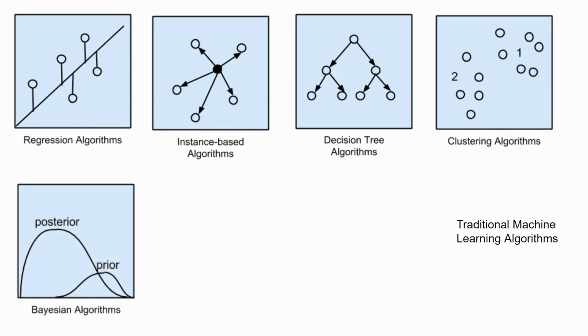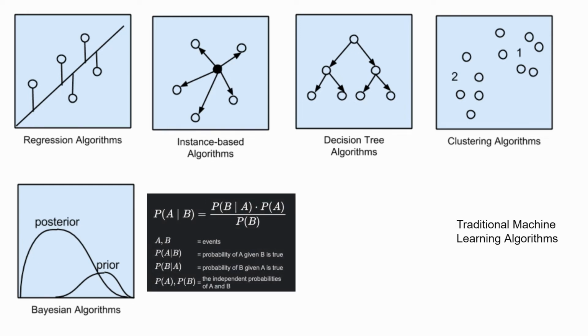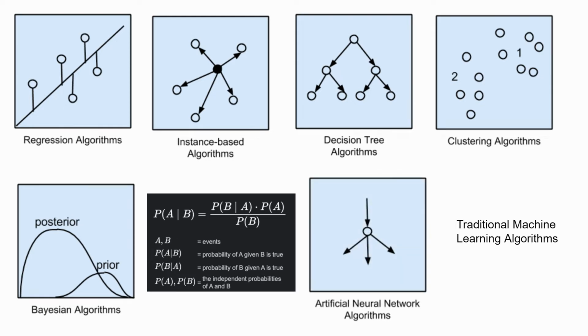Bayesian algorithms are those that explicitly apply Bayes' theorem about prior and posterior probabilities for problems. Artificial neural network models are inspired by the structure and/or function of biological neural networks. Here I refer to the classic neural networks. Deep learning is also a neural network, but has a different structure.